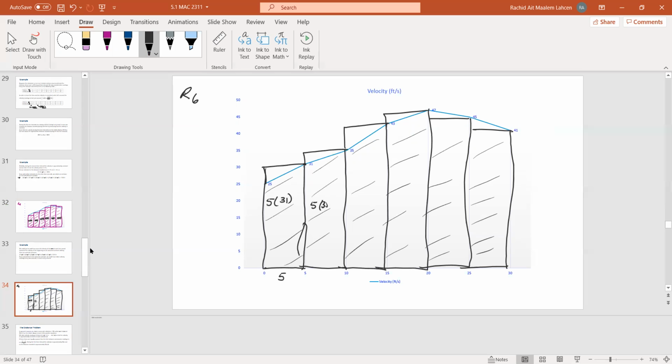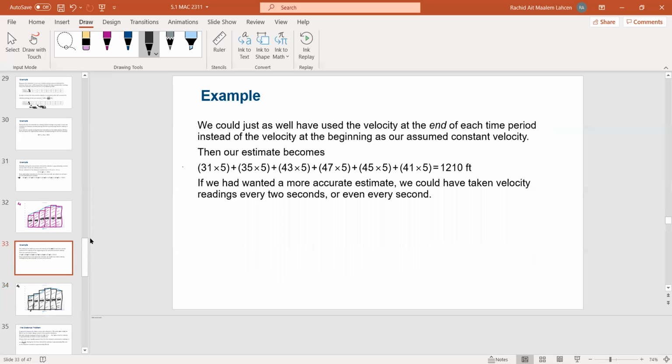Here 5 times 35, 5 times 43, 5 times 47, 5 times 45, 5 times 41, and that's going to be matching this, right? And that's 1210.